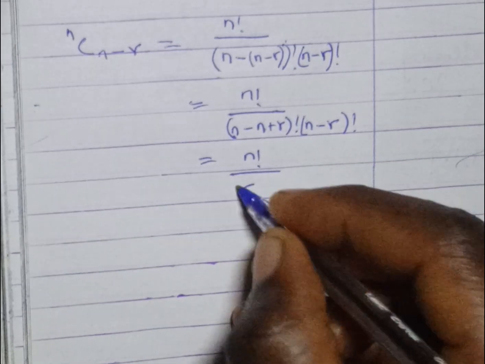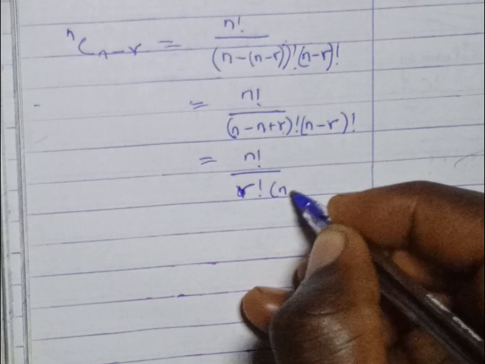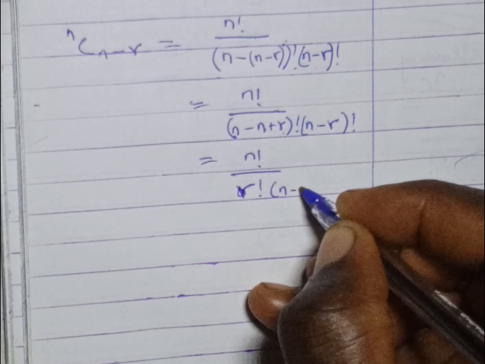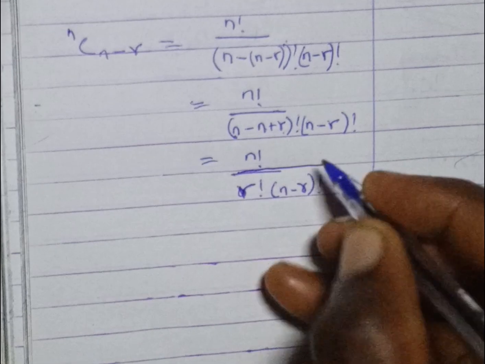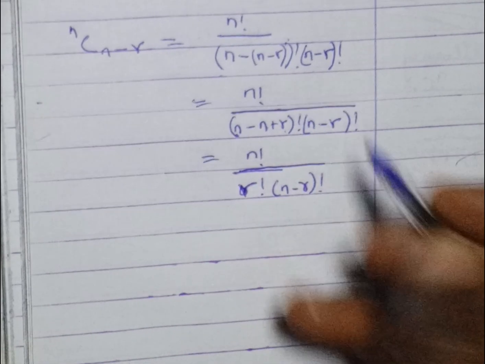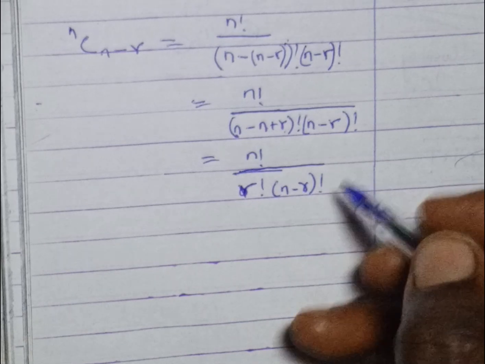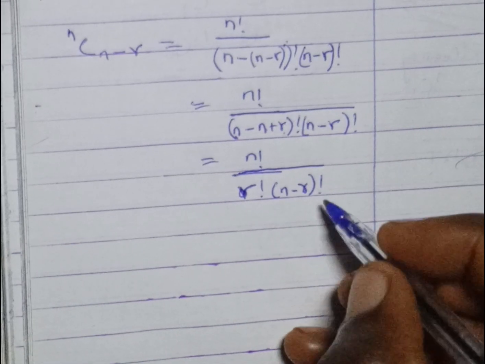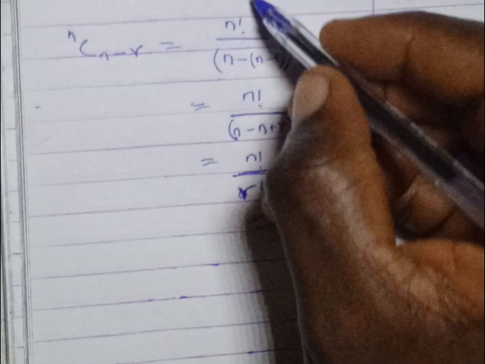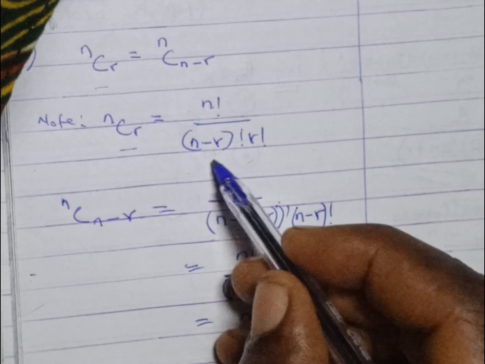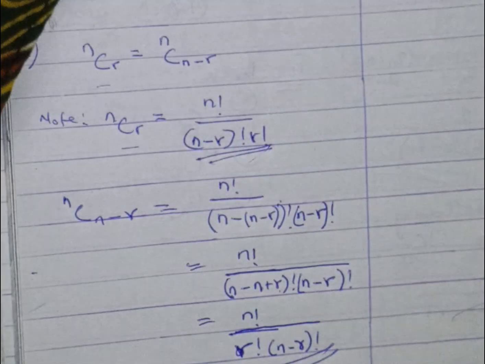So we straight away write r factorial, then n minus r factorial. So that's what we have. If you check closely, even though it is switched, it's the same thing as this. So this has been proven.